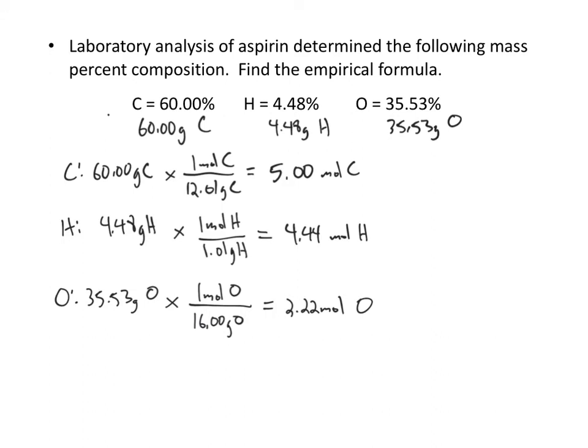The empirical formula tells us the ratio of the moles of each atom. And so to get a ratio, I need to divide, because I want the simplest whole number ratio.